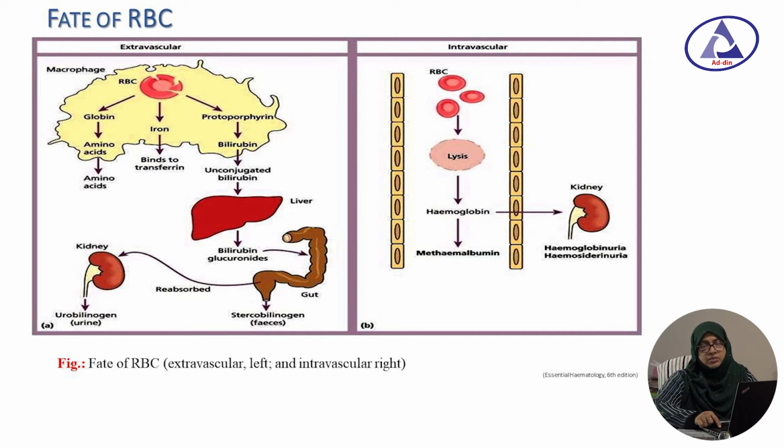Intravascularly, inside the vessel, when RBC lysis occurs, hemoglobin comes out of the RBC, goes through the circulation and passes through the urine as hemoglobinuria, and the rest is present in the blood as methemoglobin, and extravascularly it occurs in the macrophage or reticuloendothelial system.